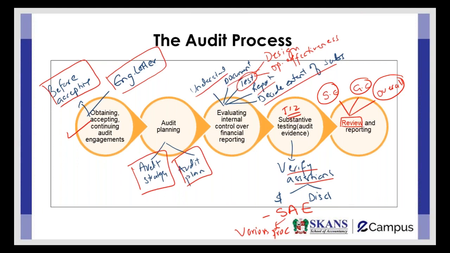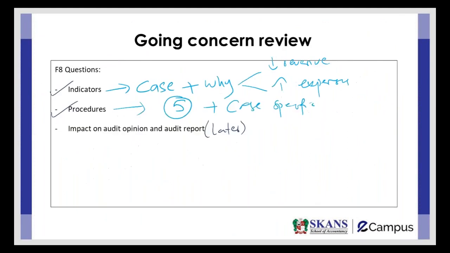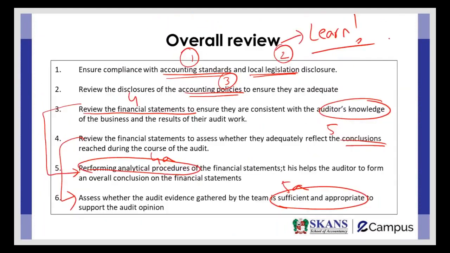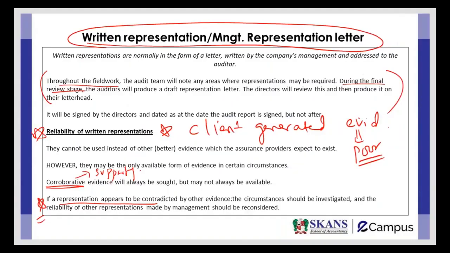The first heading under reliability. Okay, let me just quickly go back. Let me just go back, Sarah, and let me see what that says. Sorry. They cannot be used. Oh, because it's the point that I mentioned over here, that because it is weak evidence, you can't rely on this solely.